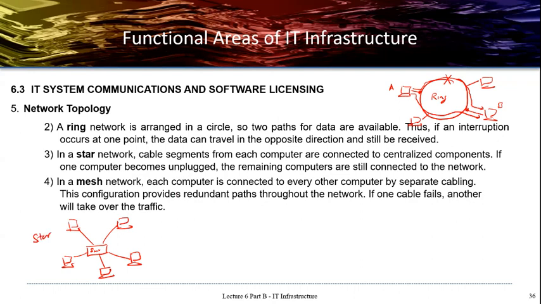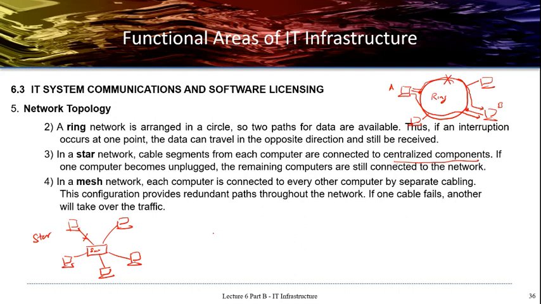In a star network, cable segments for each computer are connected to a centralized component, which is the switch. If one computer becomes unplugged, the remaining computers are still connected to the network. It doesn't have any dependency on the other computers. But if the switch, the centralized component, fails, then you can't communicate.